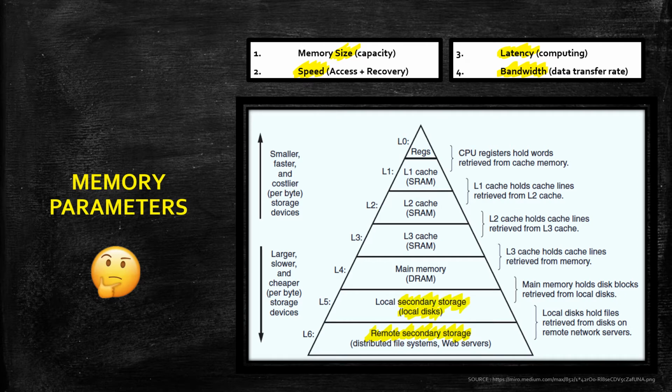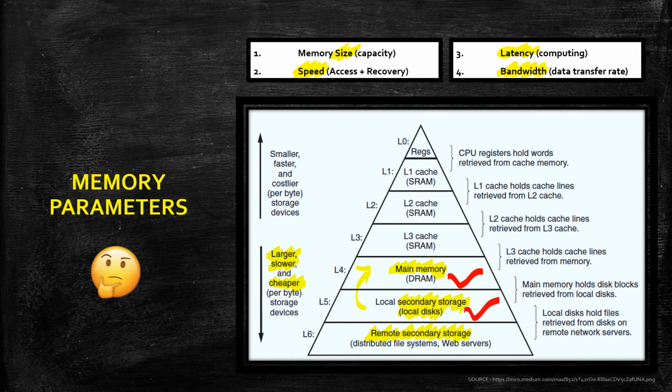And these are the highest in capacity, meaning they are larger. But compared to RAM, that is your main memory, they are slower, and of course they are cheaper. So compared to RAM, hard disk is larger, slower and cheaper, right?